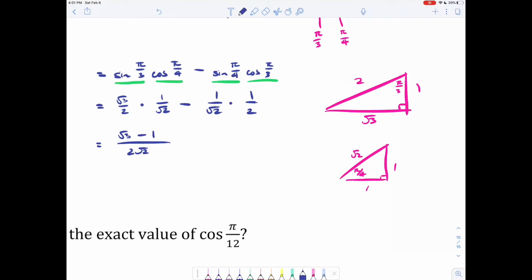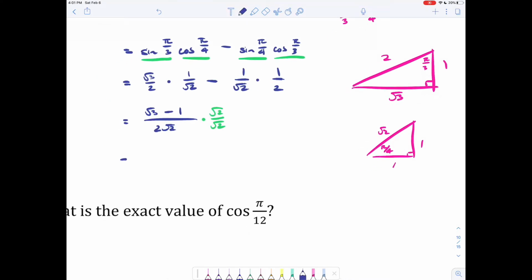This is actually, according to the provincial standards as it has been marked in the past, okay as a final answer. For good form, we should of course just multiply the whole fraction by root 2 over root 2, just so that we have a rationalized denominator.